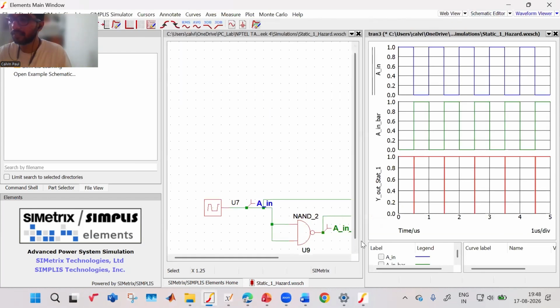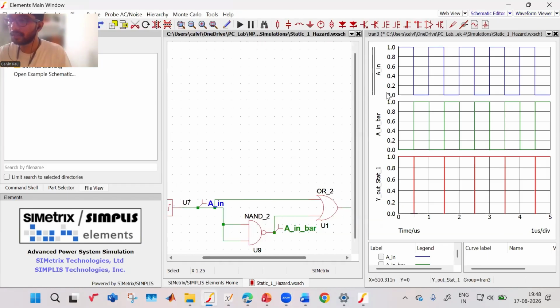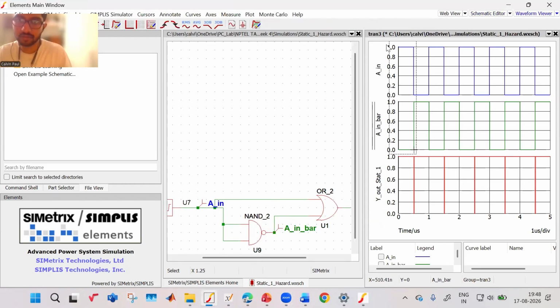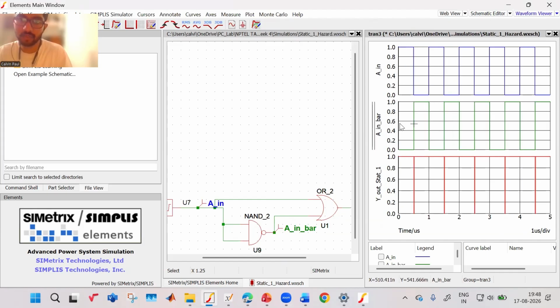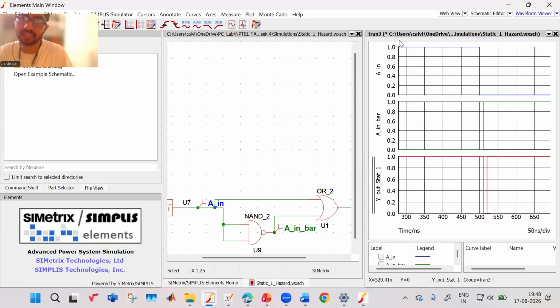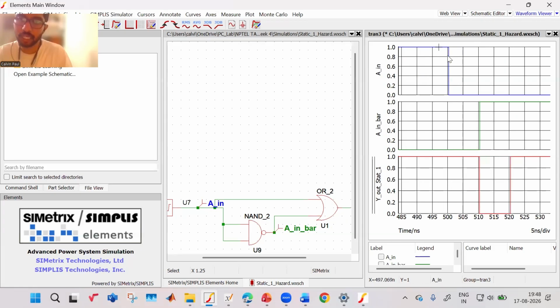Now let us run this circuit. What you'll notice here is: this is your A, this is your A bar, and your output Y is 1 almost all the time except at certain glitches. Why is that happening? It is similar, again the delay. Your A is 1 and it is going to 0, and A bar should go from 0 to 1, but there is a delay.